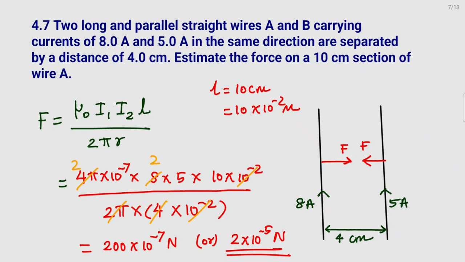Similarly, if the currents are anti-parallel, then the direction of force, they repel each other. So this information you should know. Here in this problem they have not asked. If at all they ask, you can add the word attractive, because they are parallel currents, so they attract each other.